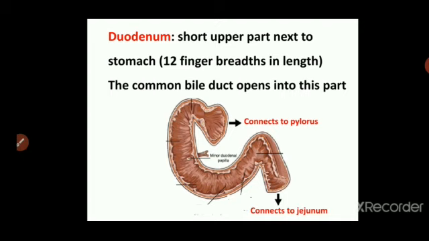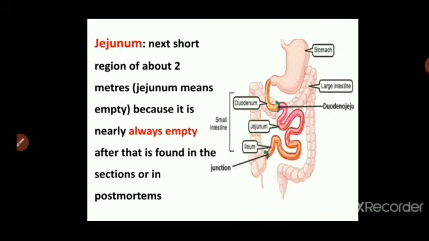The duodenum receives the digestive juices from two main organs: the bile juice from the liver and the pancreatic juice from the pancreas. And this comes through one common passage called the common bile duct, also named the hepatopancreatic duct. So that is the duodenum.